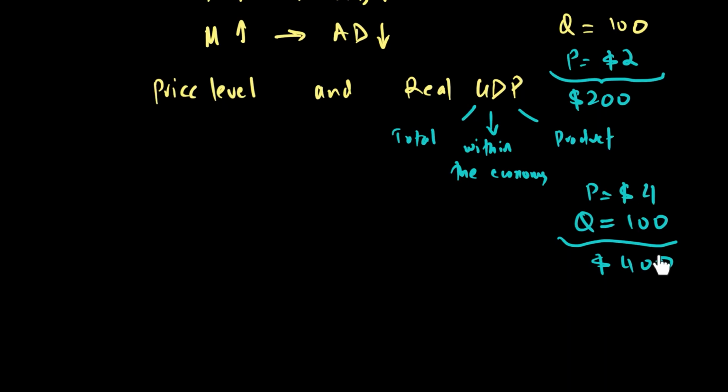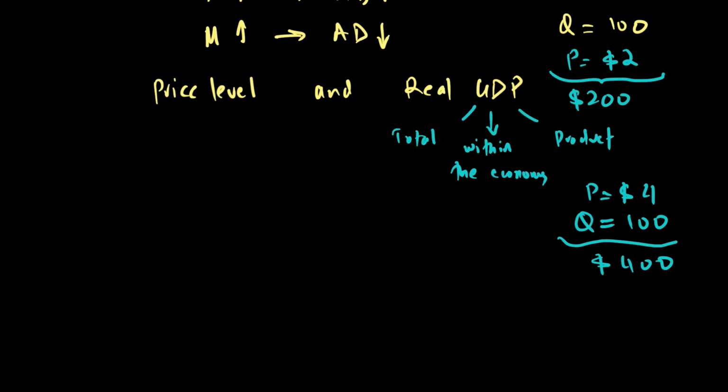Only the prices are doubling. So real GDP, which takes into account this change in price, will say we need to ignore the changes in prices but only consider changes in output. And because the output has not changed from 100, it has remained 100, we'll say the total GDP has remained the same.